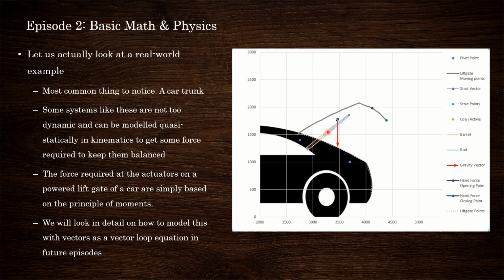You see that the actuator is actually moving in one direction. It's pushing the system out. And when I'm closing it, what happens? What is the moment that happens over this axis or pivot point, if you will? These are all things we will see more in detail, and these are all coming from simple vector math. Very, very simple stuff. We will discuss this more in detail in future episodes.